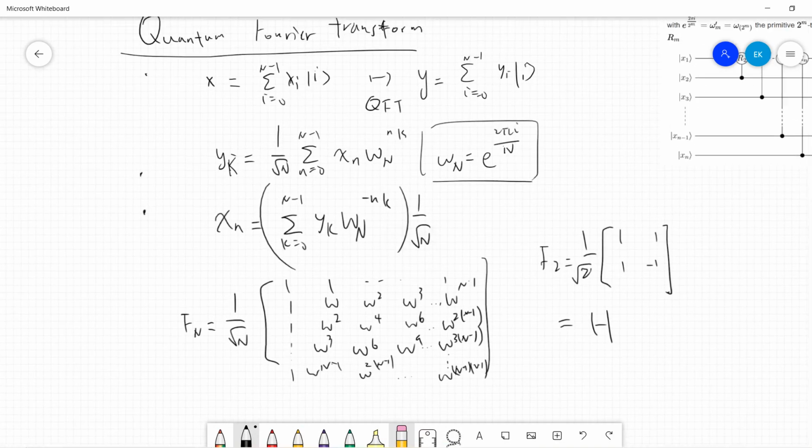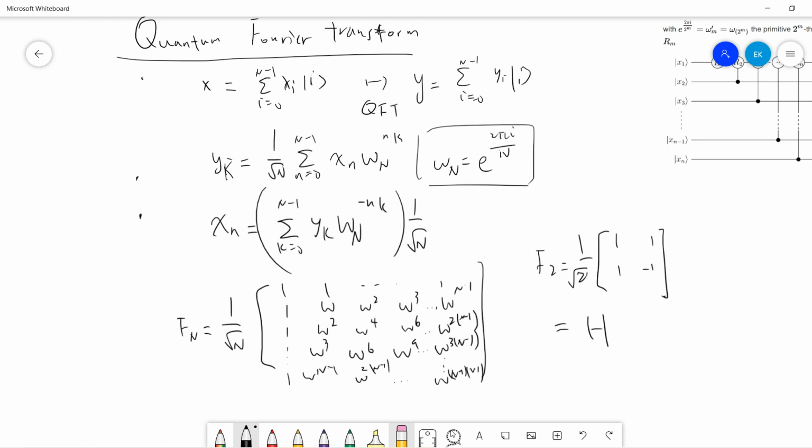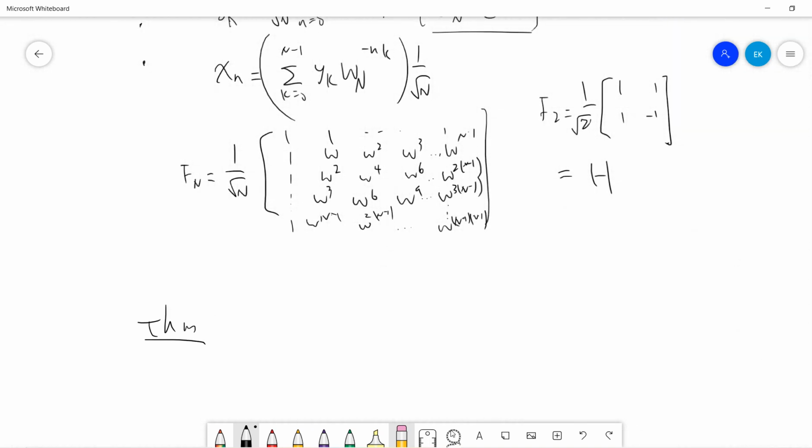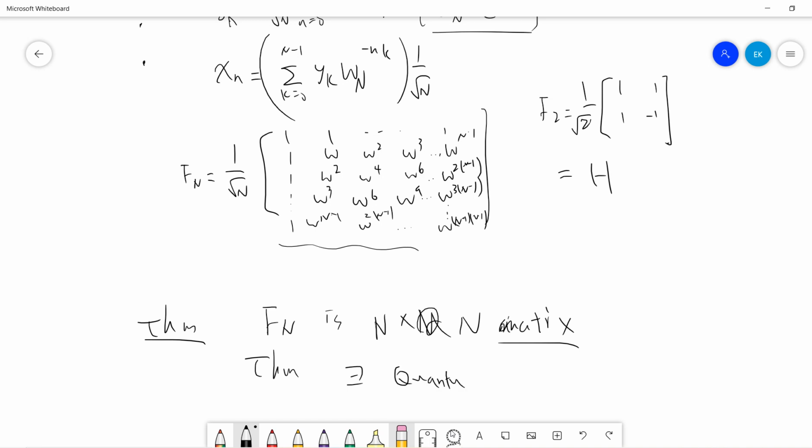The important thing is that F_N is obviously an N by N matrix, right? And the theory is that there's a quantum circuit, with only elementary operations, only using two-qubit gates with an elementary matrix, that performs it with a polynomial number of gates.